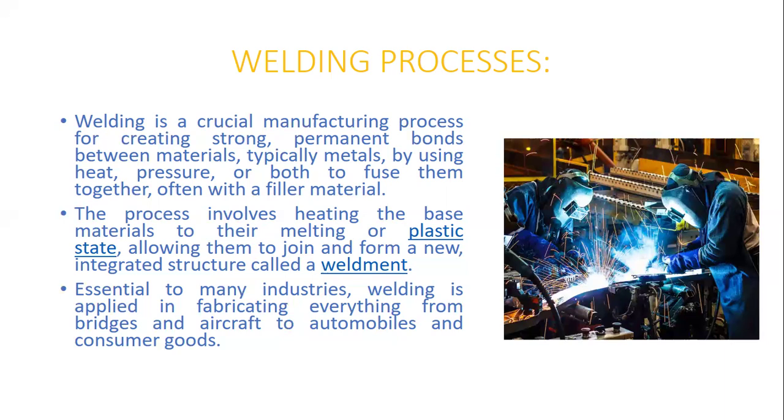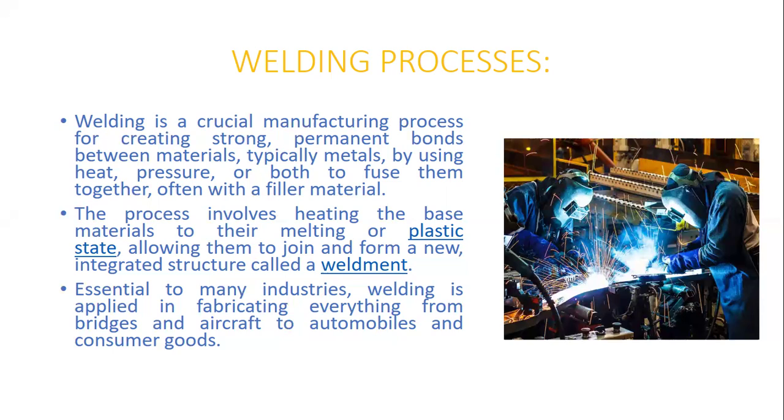This process is considered to be one of the most important, unavoidable things in industries. Normally in fabrication industries, nothing can be carried out without welding. Welding is applied in fabricating everything, starting from bridges and aircraft to automobiles and various consumer goods.